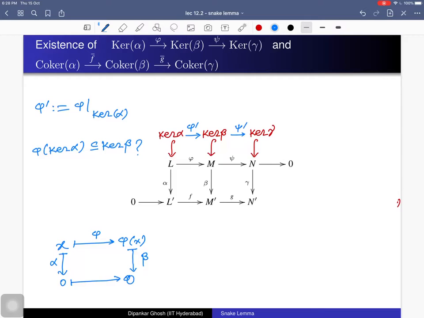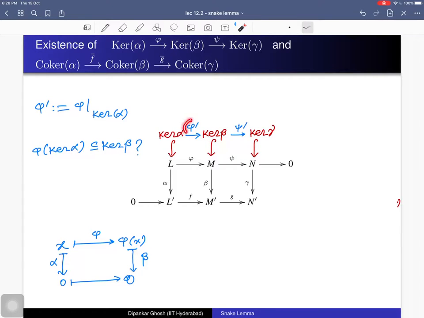So, we have this containment relation, and therefore this restriction map of phi on kernel alpha gives a map from kernel alpha to kernel beta. In a similar way, we can consider psi prime, the restriction of psi on kernel beta.